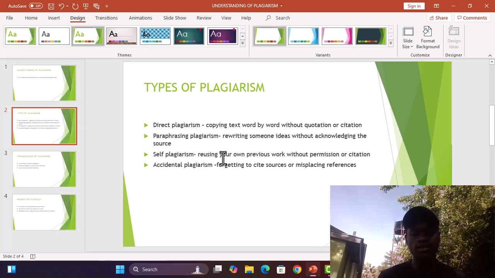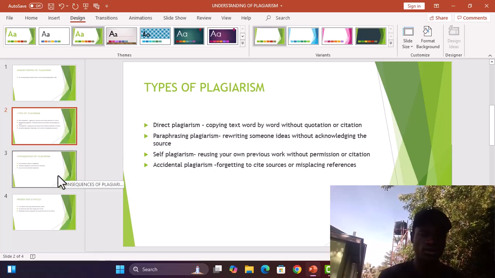Also, we have accidental plagiarism, which is forgetting to cite a source or misplacing references. You get the information, but you forget to cite the source, so the information is there without acknowledging the source. Also, we have the consequences of plagiarism.